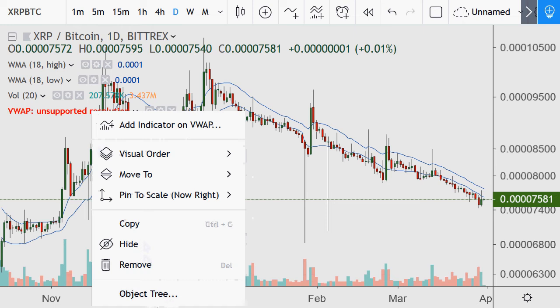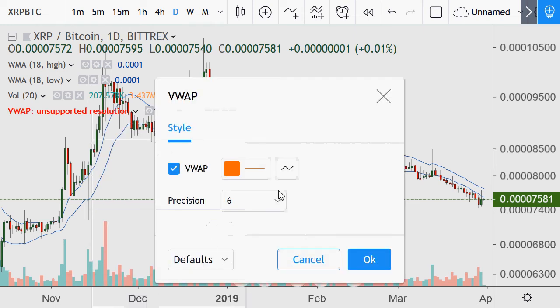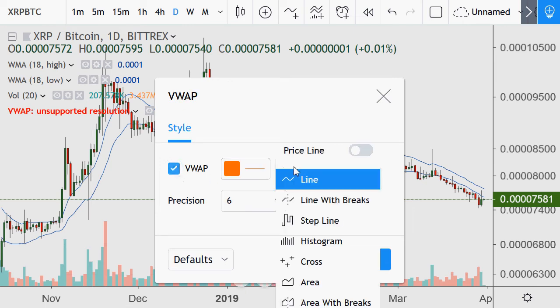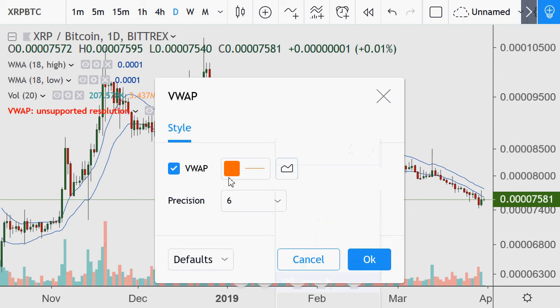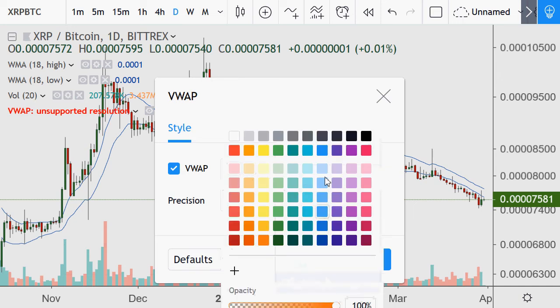Because this is a really good tool, the VWAP, but I just don't know how to use it on here. Line, yeah, that's usually what I'm looking for. Area. Area with breaks, columns. What if I put area in? Colors, like whatever, although knowing that I have blue, red, and green, I don't like yellow too much. Pretty much it's in the same area.